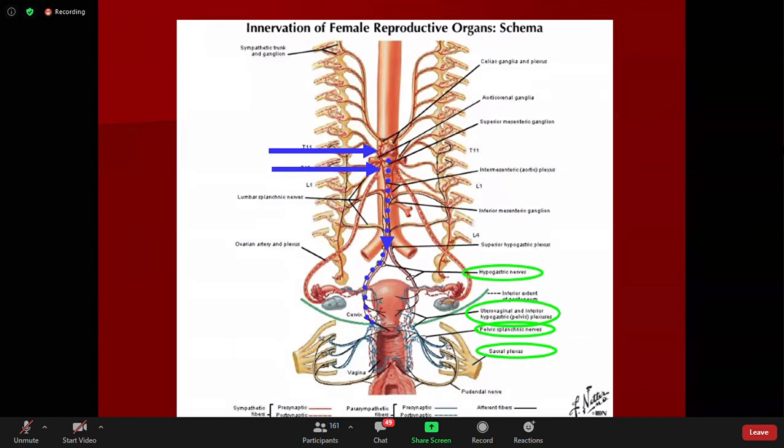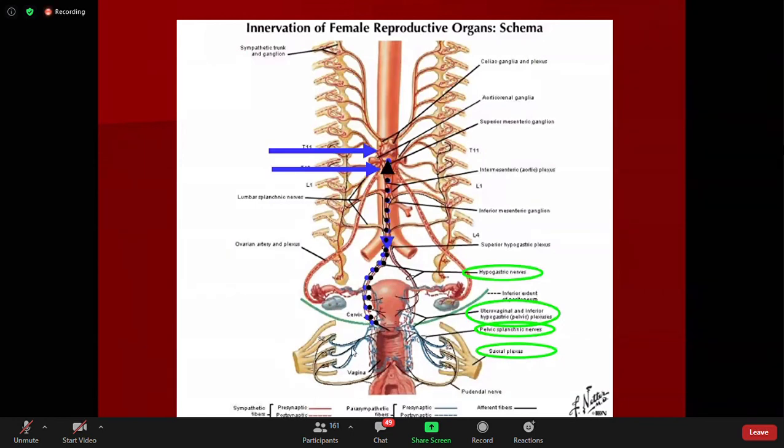They hitchhike back with the sympathetic and parasympathetic fibers. In this case, pain fibers coming from the upper part of the uterus will go back. And which segments of the spinal cord will they enter? T11 and T12. So if you want to anesthetize, kill pain that is coming from the body of the uterus, you need to inject anesthesia where? T11 and T12. Simple. Right?